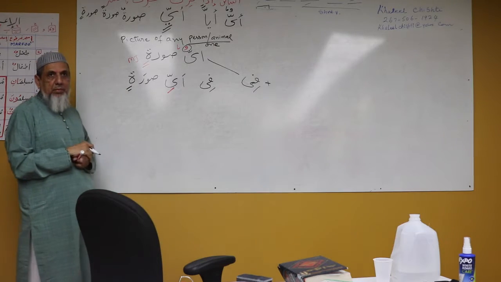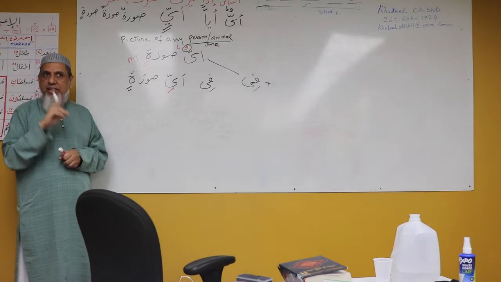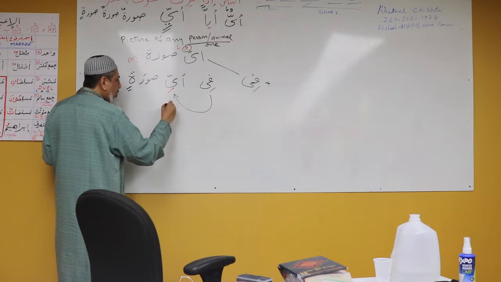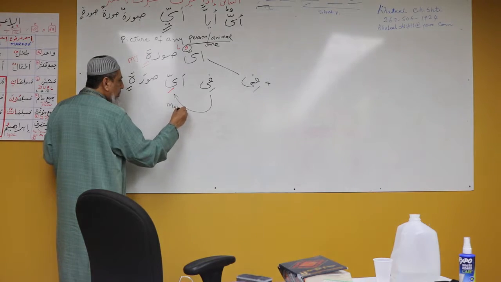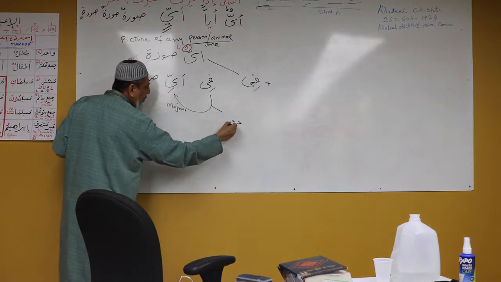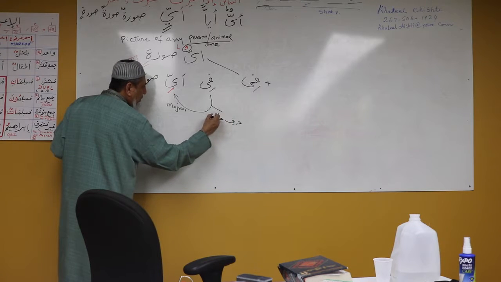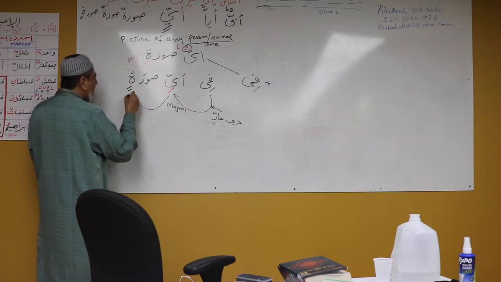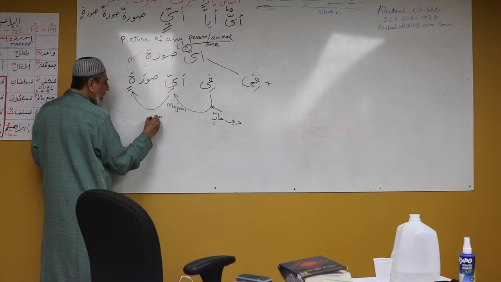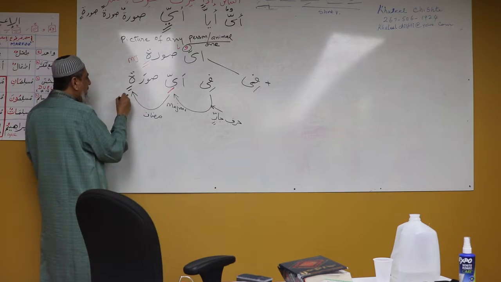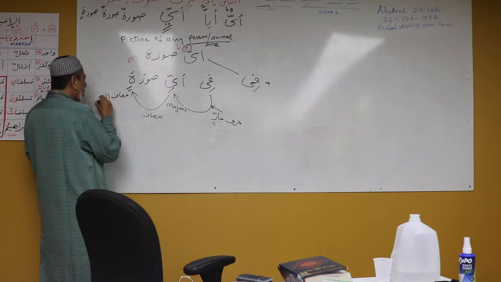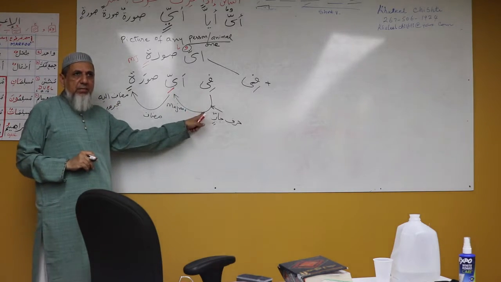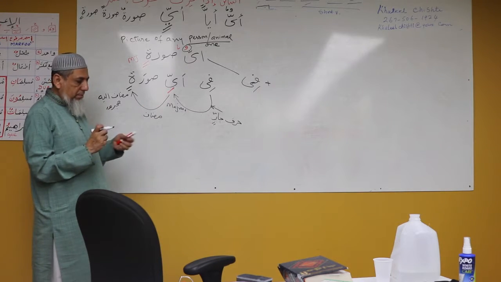Remember here, please look at the same example. Because of fi, this became majroor. Because of harfu jarrin, this became majroor. And because of mudaf, this mudaf ilayh became majroor. Write down in your book. Because of harfu jarrin, this became majroor.